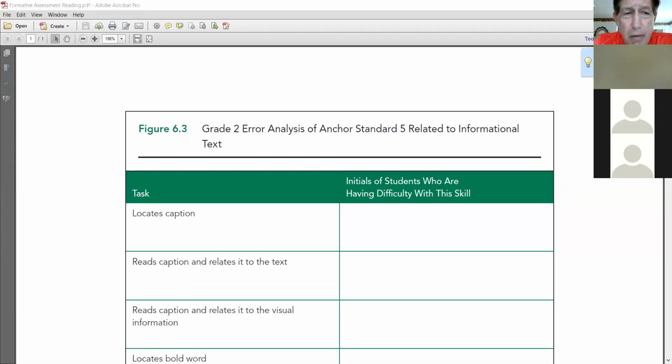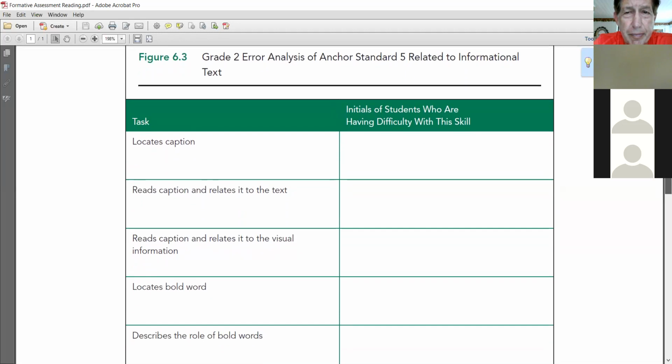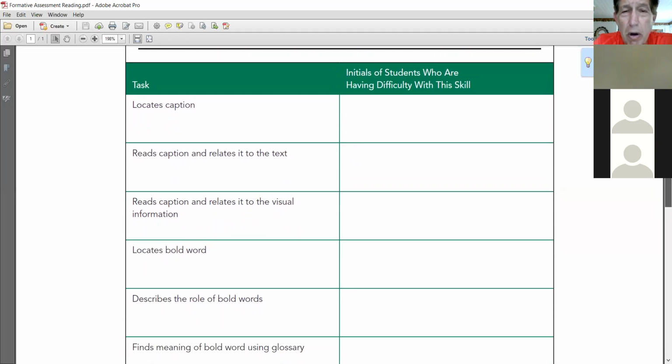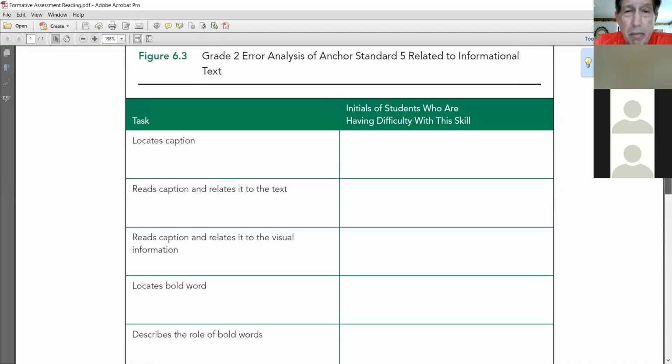Here's one for reading. This goes along with Doug Fisher's stuff. This goes along with his visible learning. Okay, as you saw in the video, we were talking about how do you identify students that are having difficulty. Well, this is a great way to do it.